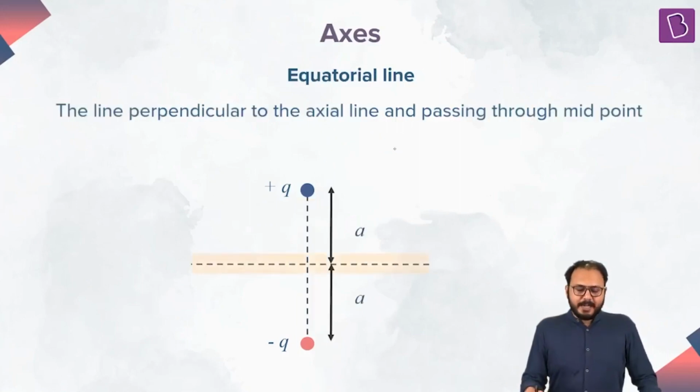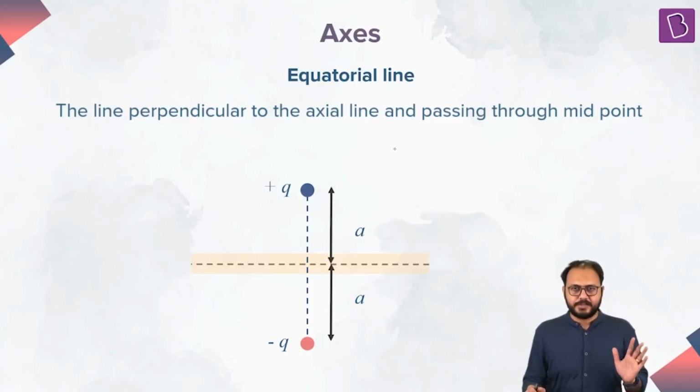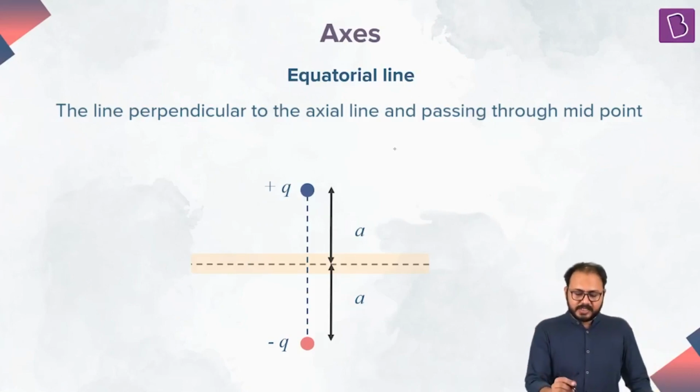As promised, there are multiple axes. Equatorial line. The line perpendicular to the actual line, the perpendicular bisector I was talking about. And see, half and half is a and not a by 2 because I don't like fractions. So for the wholesome value of a, I chose the distance to be 2a. Each one gets a.